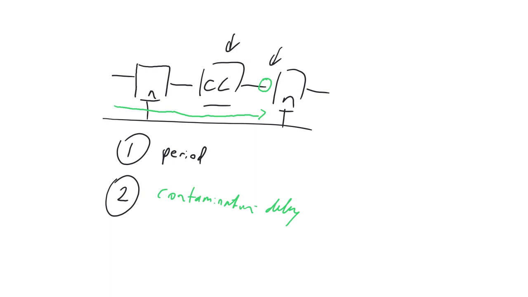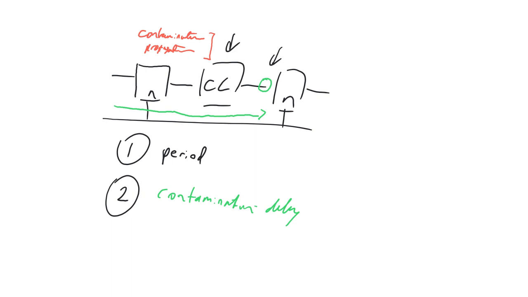We are now able to compute whether or not these two conditions hold from the numbers we're given. Remember, for this flip-flop here, I have got the contamination delay and I've got the propagation delay. They're given to us in the data sheet. Similarly, for this combinational logic, I know its contamination delay and its propagation delay.